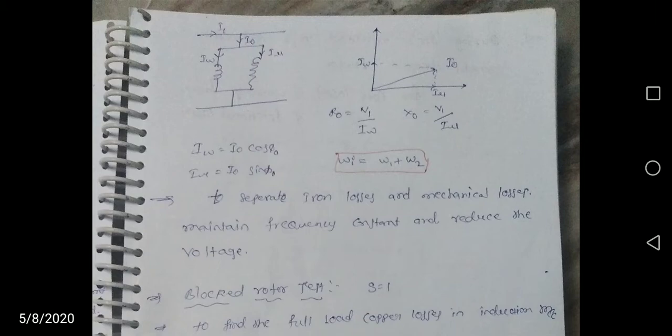IW, IMU, I naught: see the vector diagram and draw the vector diagram. IMU lags by 90 degrees.